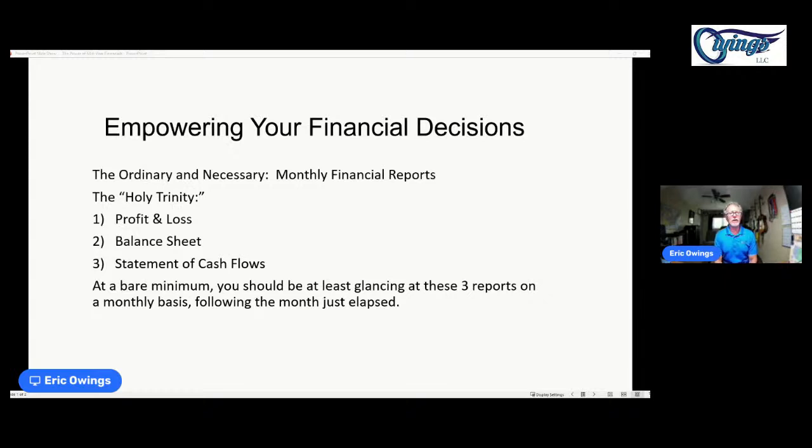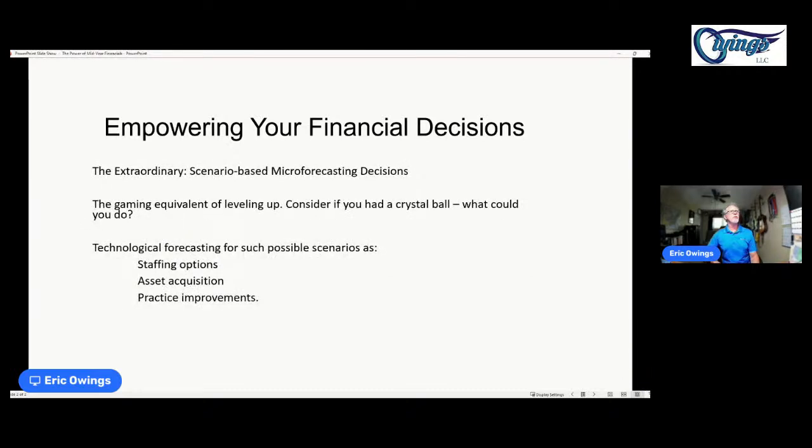So in any event, you should have good, clean financial statements each month, and at bare minimum, you should be taking a look at this. But as I have said before, the financial statements are basically a history lesson. So what if, and of course they are ordinary and necessary, but let's go into extraordinary.